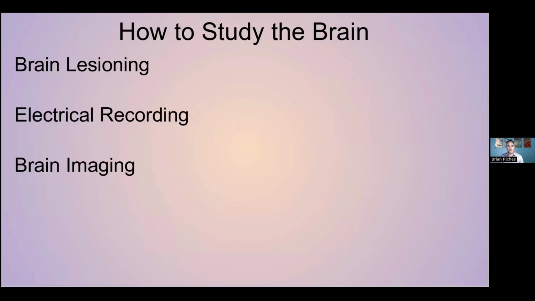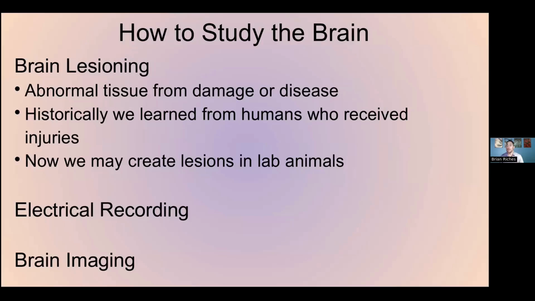So one of the ways that we studied the brain before we had the advanced tools that we have now is called brain lesioning. Essentially, we would look at the abnormal tissue or damaged tissue from disease after a person had died. After they died, we would look at their brains to see if we could find patterns that explain specific behavioral outcomes.